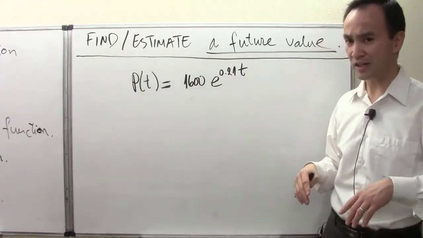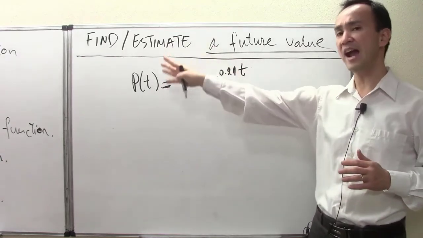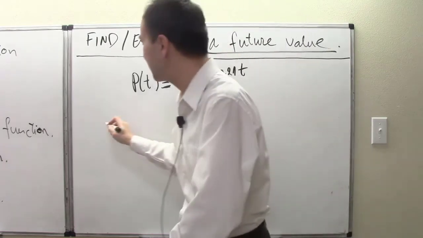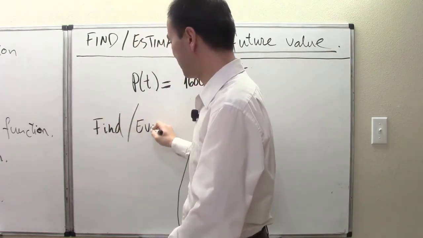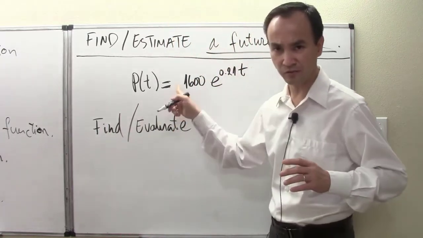Okay, and so in this way, now that we have already had our modeling function, the problem surprisingly turns out to be as easy as find or evaluate. The wording of the problem did not necessarily have to write this, but we just write it out from this problem.